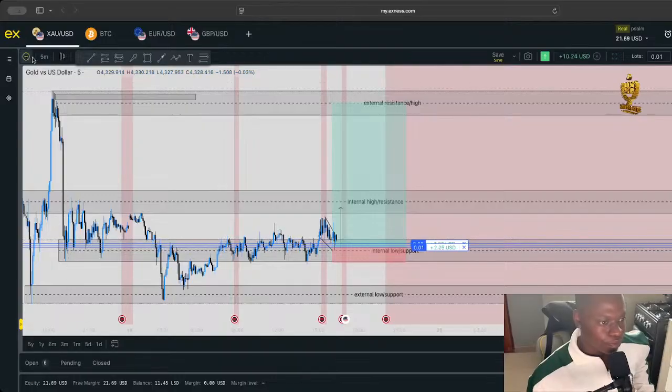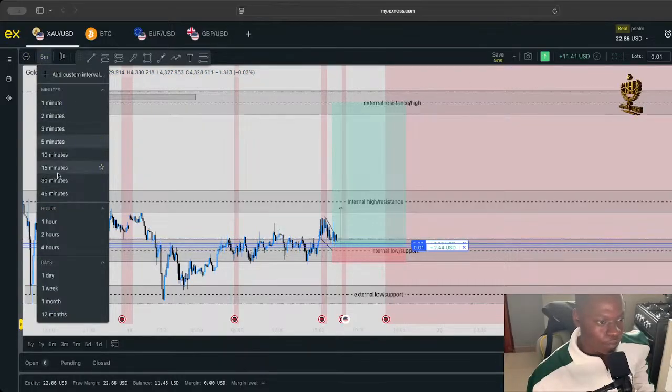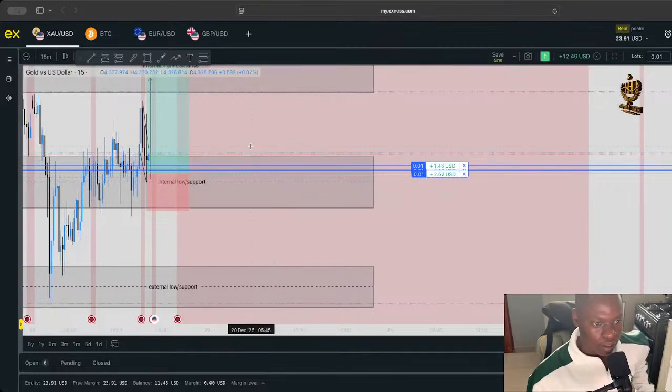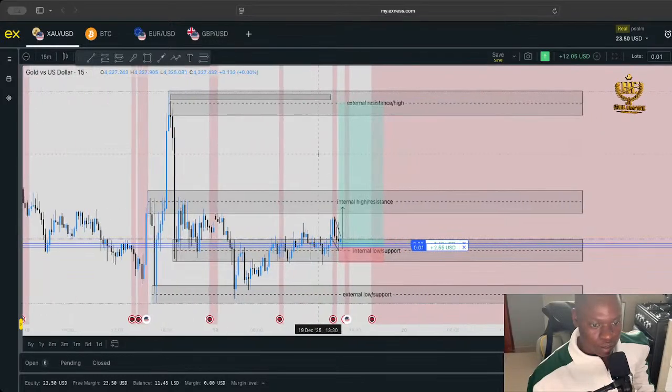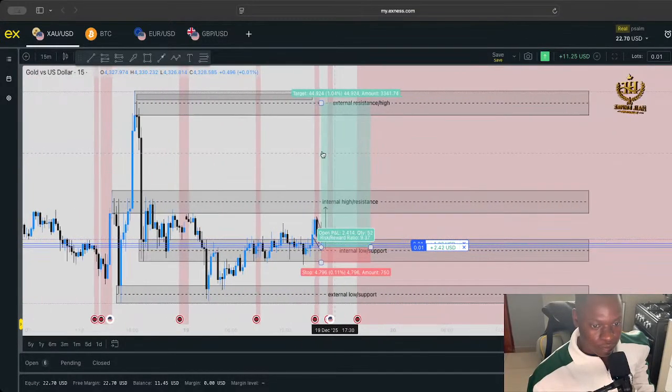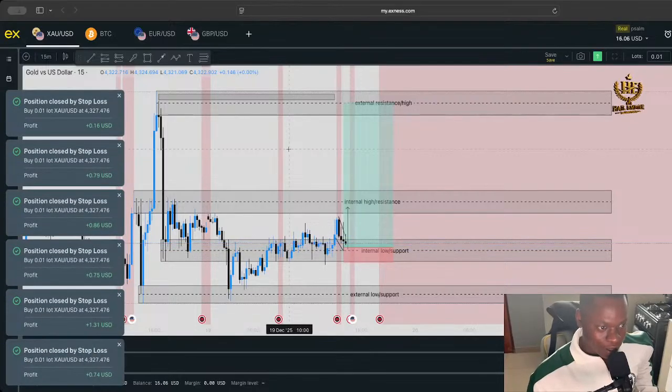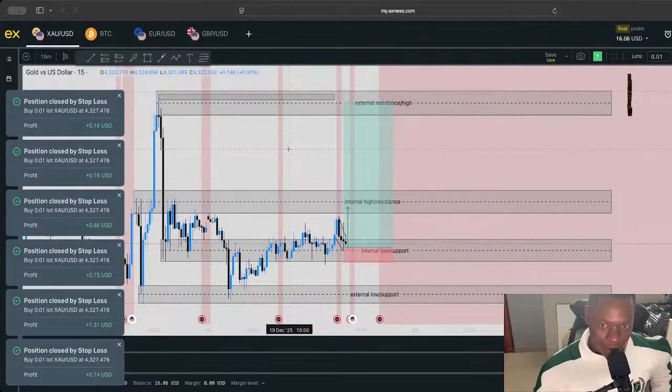So on a 15 minutes time frame, let's see, our stop loss was hit.